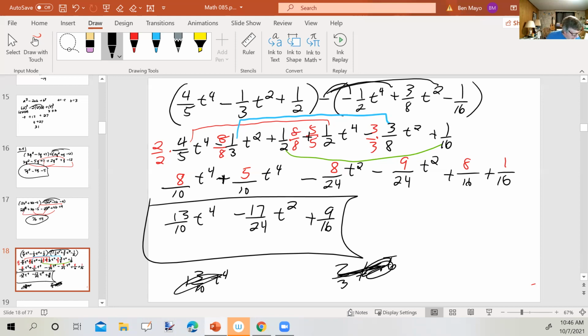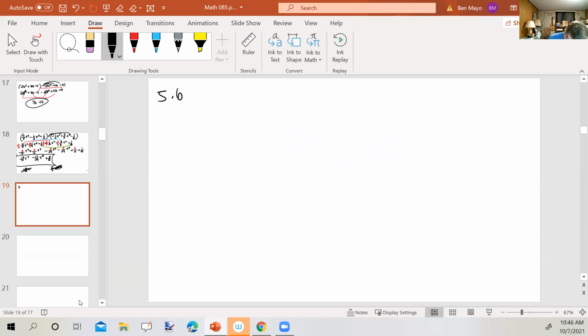All right. Let's take a look at section, let's see, what are we on here? 5.6, multiplying polynomials together. Okay, so first of all, let's multiply some monomials together. Let's say we've got 3y times 7y squared times negative y to the fourth.